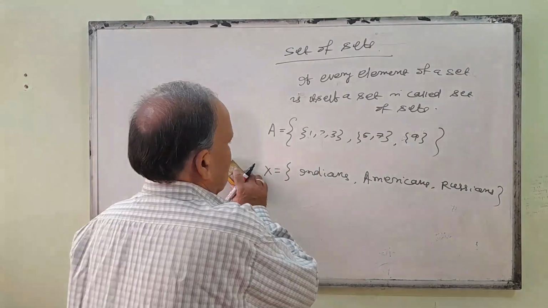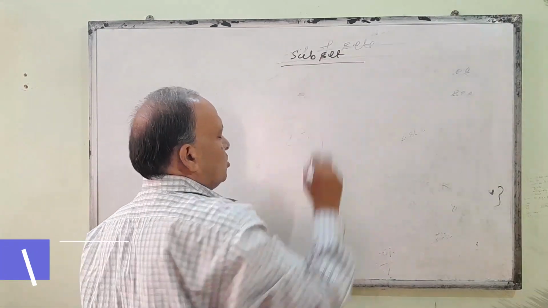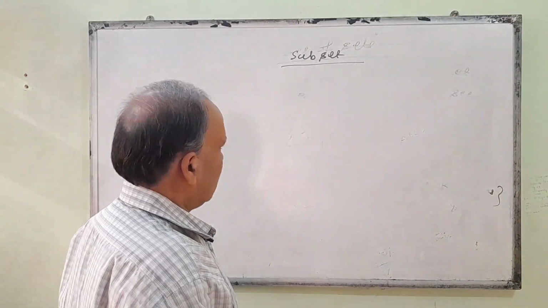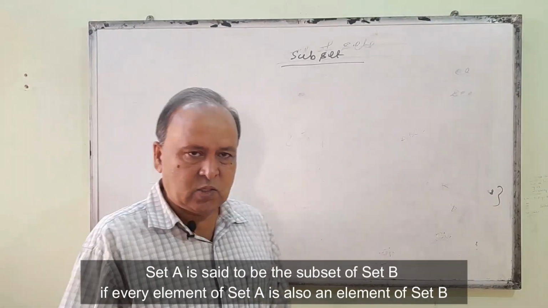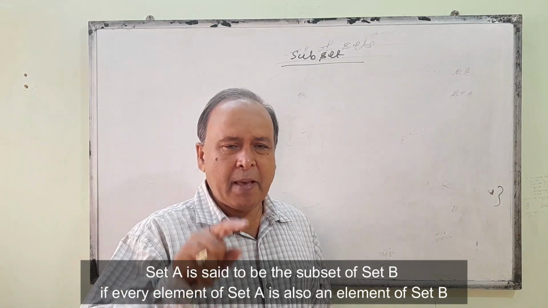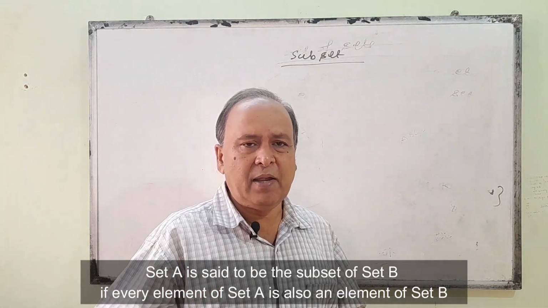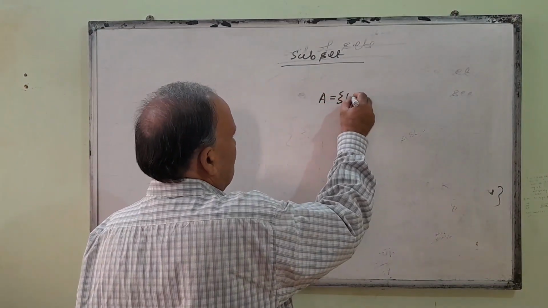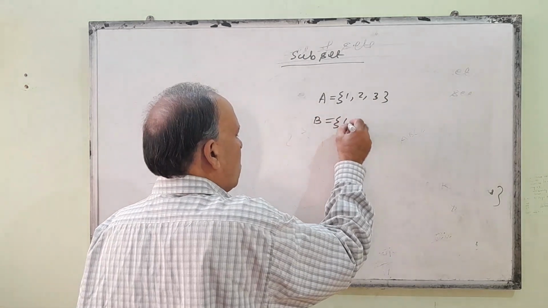Next, come to subset. What is a subset? Set A is said to be a subset of set B if every element of A is also an element of B. Suppose A is the set {1, 2, 3}, and suppose B is {1, 2, 3}.